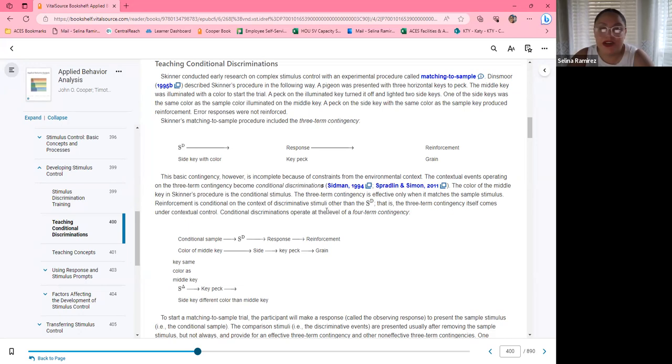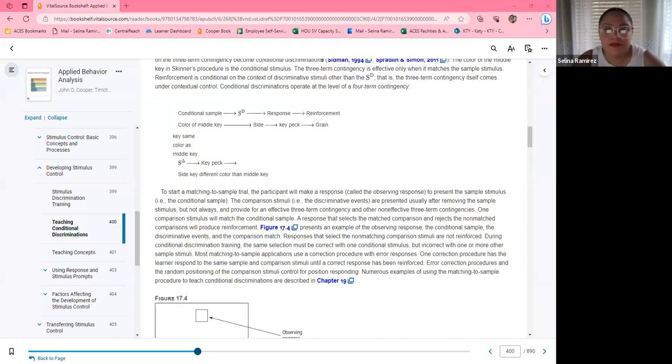Conditional discrimination operates at the level of a 4-term contingency. So the conditional sample is going to be your SD, and that's going to trigger some type of response.